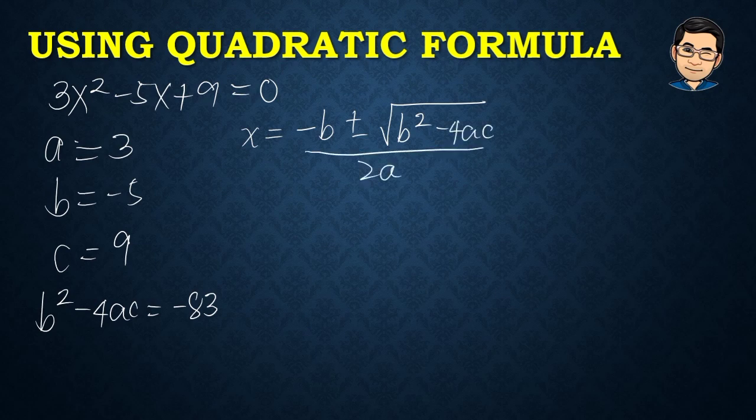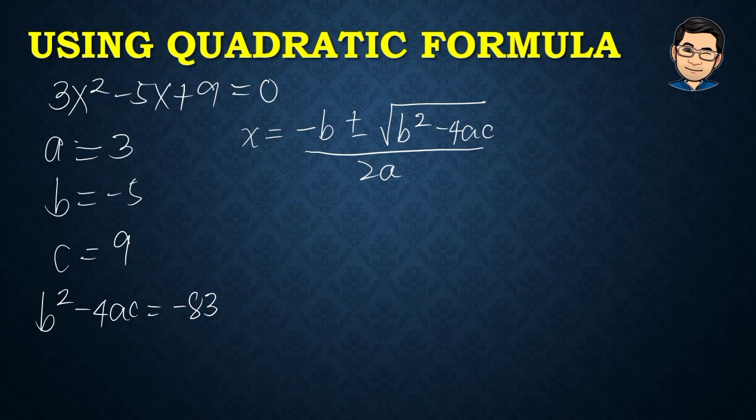So, for example, ang instruction lang ng activity is to describe the nature of the roots of the quadratic equation. No need to get the roots of the given equation. So, ang gagawin mo lang dun is i-apply lang yung discriminant formula. So, hanggang dun lang. Kasi dito sa aking video, pinapakita ko talaga sa inyo na no real roots nga yung equation.